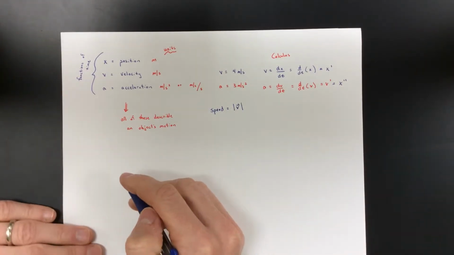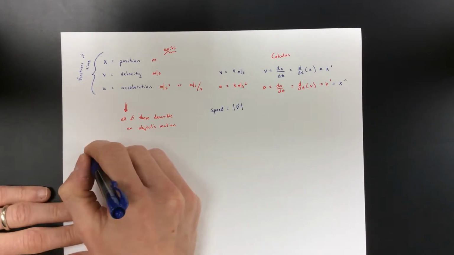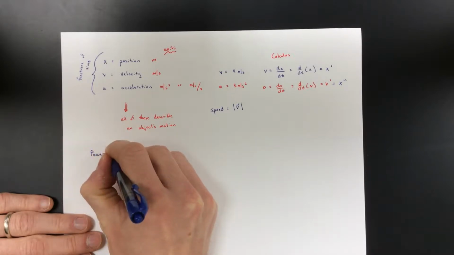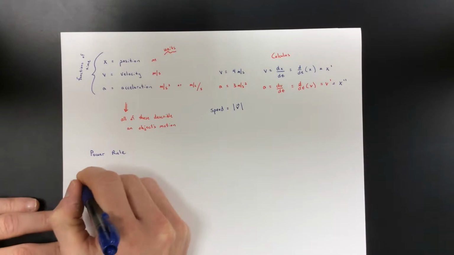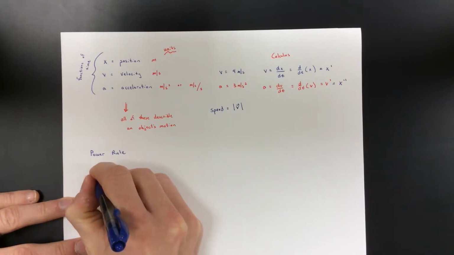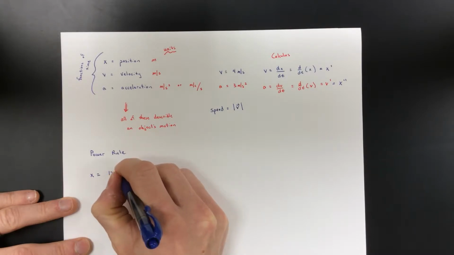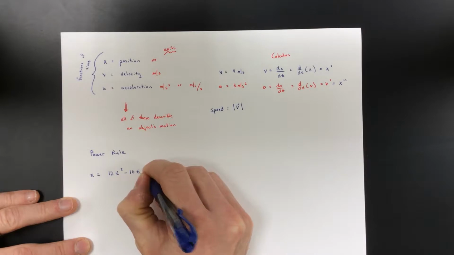Okay, let's just do a couple examples of the calculus. The first way is using the power rule. So I'm going to teach you how to actually take a derivative. Let's just start out with x. Let's say x is 12t squared minus 10t plus 5.